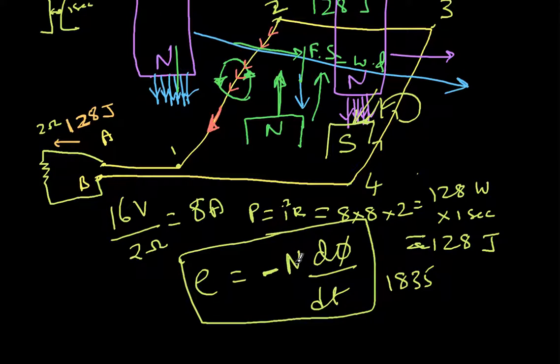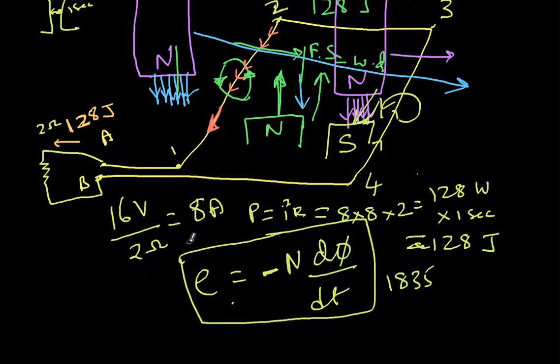So of course you can always assume that this is my positive terminal, this is my negative terminal, then it is one direction. If I reverse my assumption that this is positive and this is negative, then I can even argue that E is n d phi by dt. So it is also a matter of convention which direction you are assuming, but physically, in order to maintain the law of conservation of energy, this is the Lenz law.